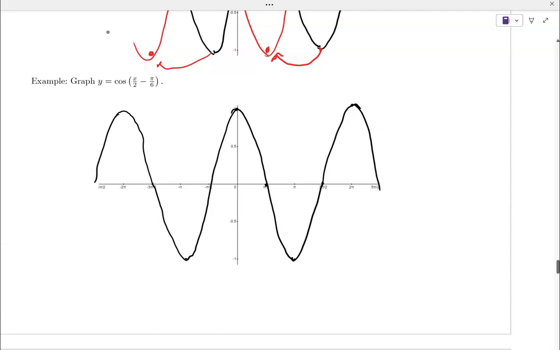Again, we should recognize 2 changes here. We've got a period change and a phase shift. How do we figure out the period again? 2 pi divided by what in this case? 1/2, good, because it's a 1/2 x. So we take 2 pi divided by a half, which gives us 4 pi.